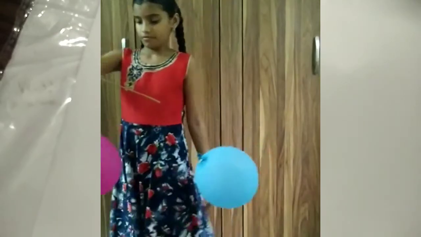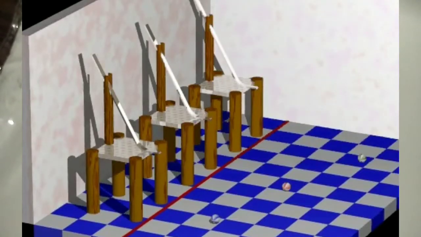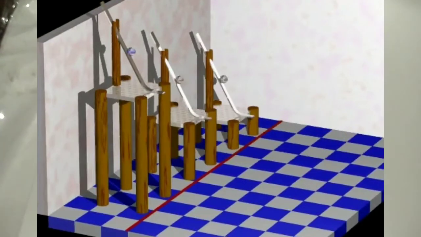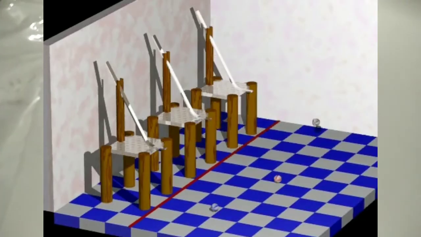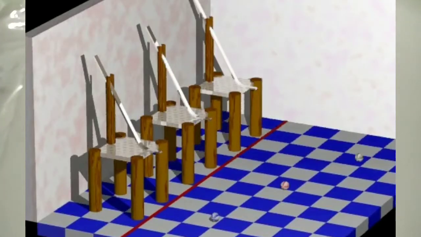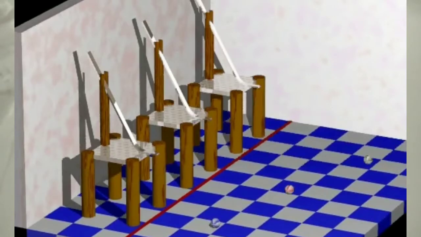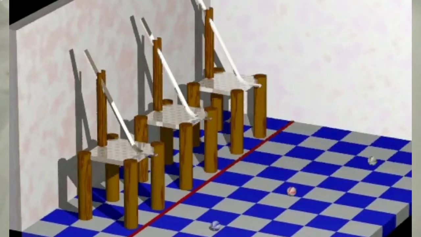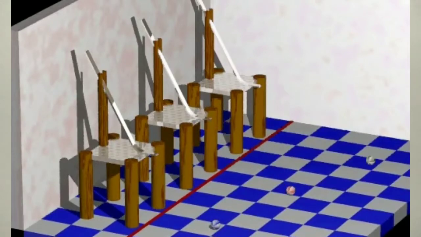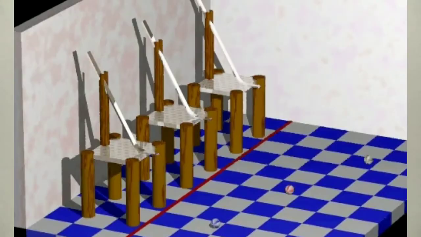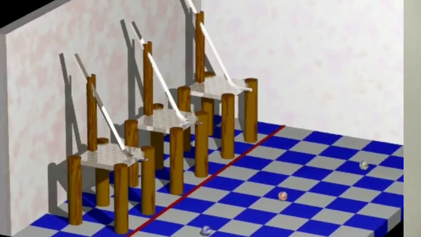One is moving with high velocity, that is the velocity of ball A is more than the velocity of ball B. Then the force applied to stop ball A is greater than the force applied to stop ball B. That means force is directly proportional to the velocity.